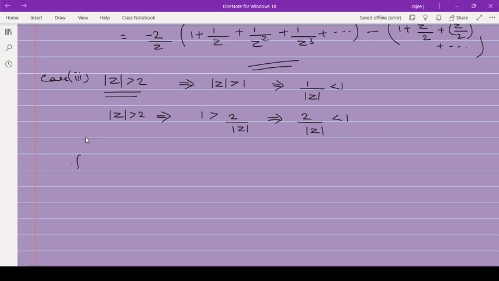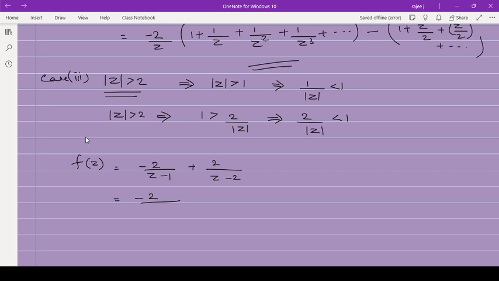Now f of z, corresponding changes we need to do. f of z is minus 2 by z minus 1 plus 2 by z minus 2. So now make the corresponding changes in this one. So minus 2 divided by what should come there? 1 by z should come there in the first one.